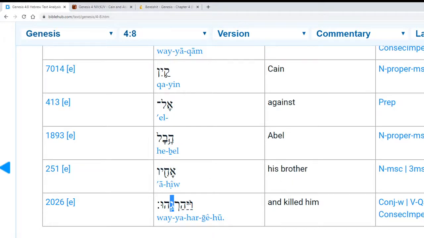So that Vav at the beginning is the conjunctive Vav. The Yud is in the imperfect. Ehu, the Hey and the Vav at the end means him, third person masculine singular. So, and he killed him, right? He caused him to be killed, possibly.